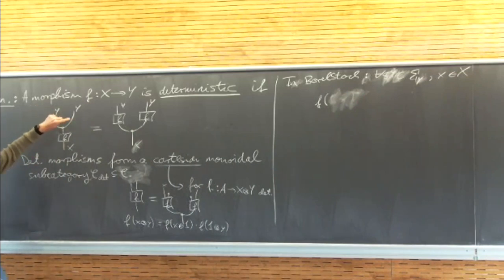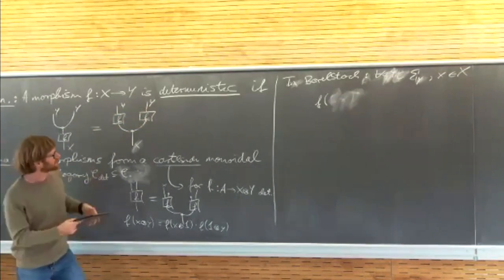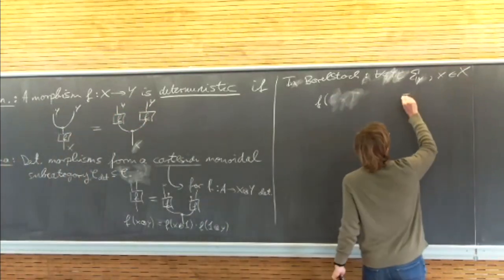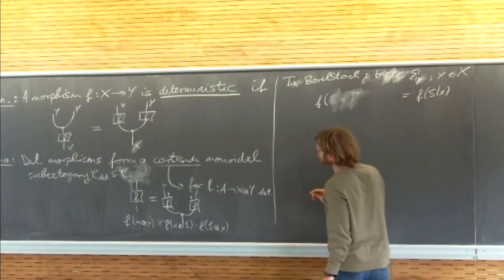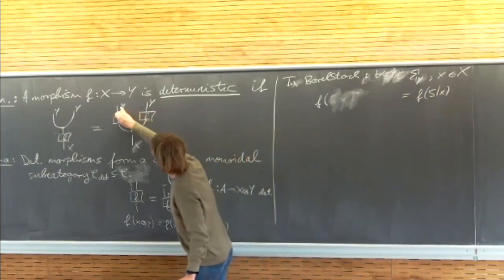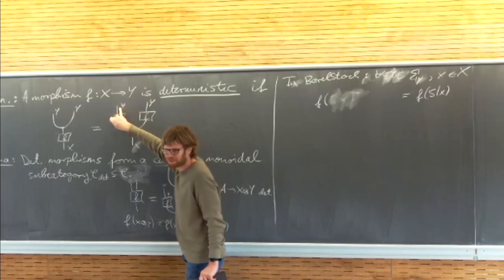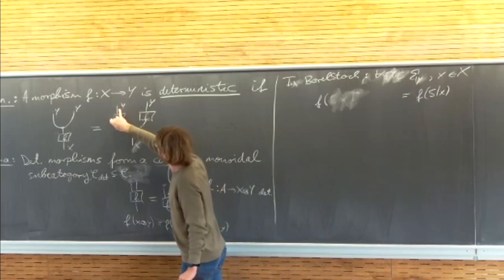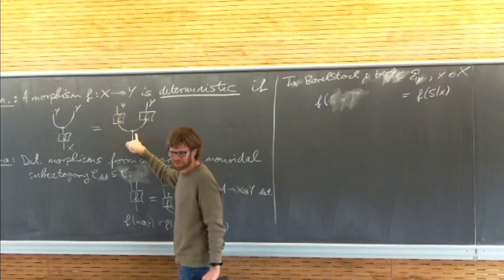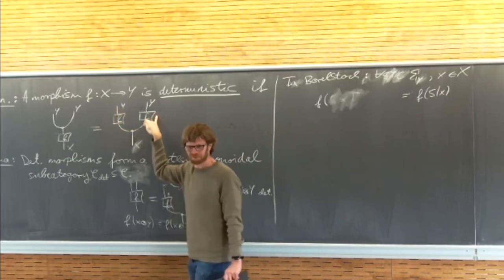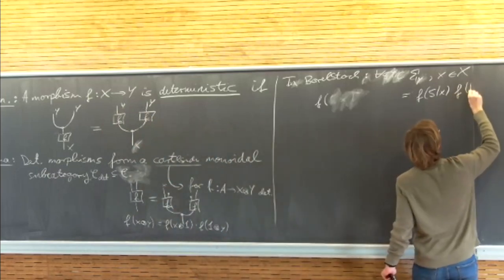So here, or maybe let's start at the right-hand side. The right-hand side is maybe a little easier. On the right-hand side, we would get f of S given x, right? With our measurable set S for here, and we're looking at what's the probability to land in the set S with this output given the input little x, and likewise for this one. So this would be f of T given x.